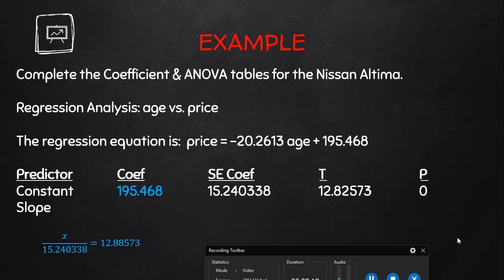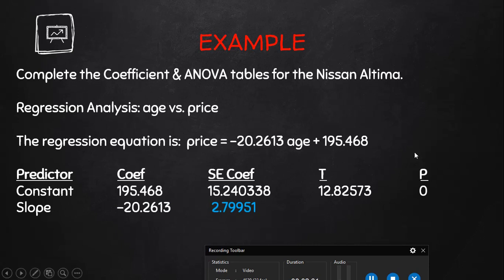We're going to move on now to the slope. Pulling it either from the iPad or from the regression equation, we can see that the slope is negative 20.2613. This is the value of B. The standard error for the coefficient is listed as SE slope on your iPad. They also provided the T on the iPad as negative 7.23.